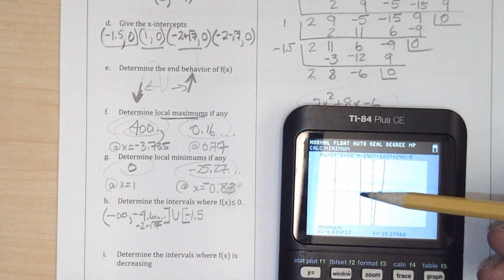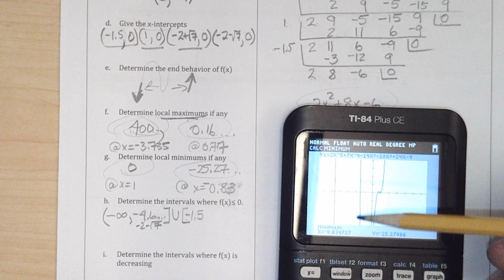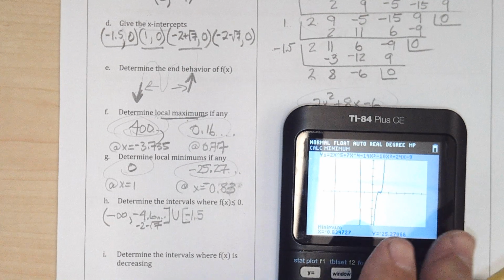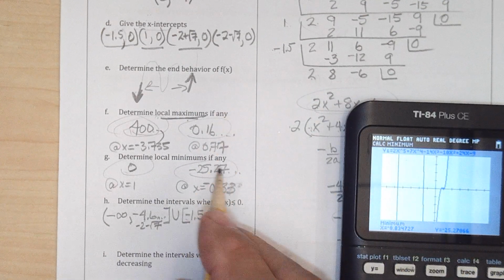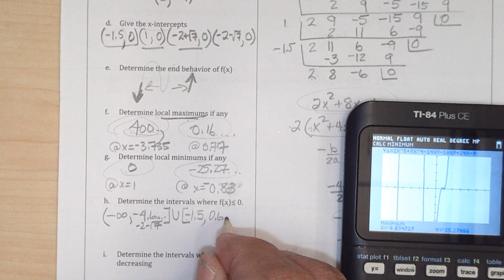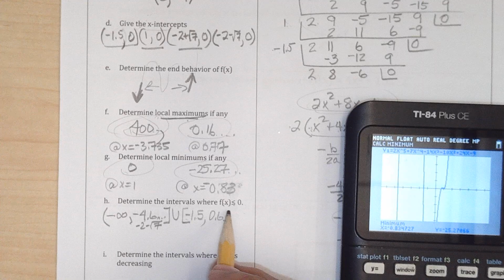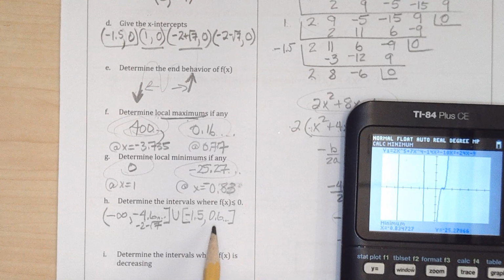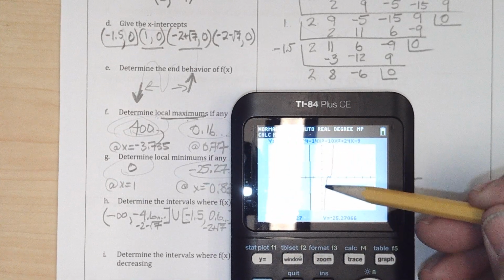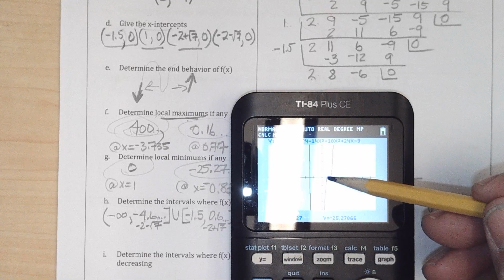I want the -1.5, it's 0, and then it's negative clear up until this 0.6 something. 0.64, whatever it was, and we want it when it equals 0. Now this was actually the -2 plus the square root of 7 is the exact value there. And so it was negative for all the x's between here and there.